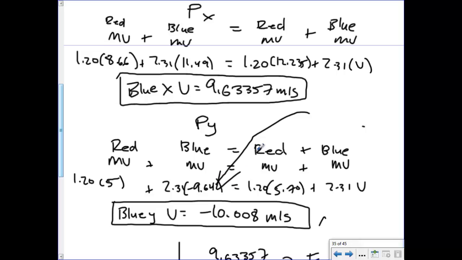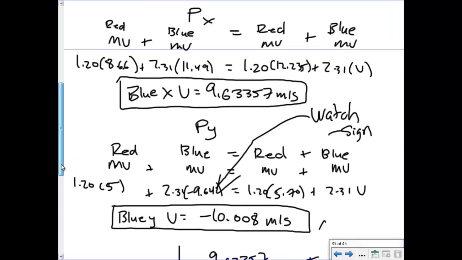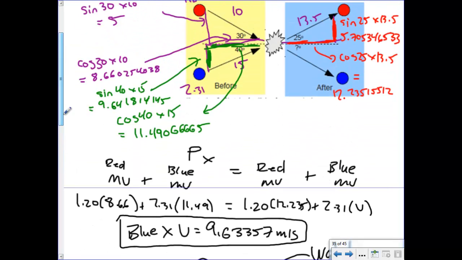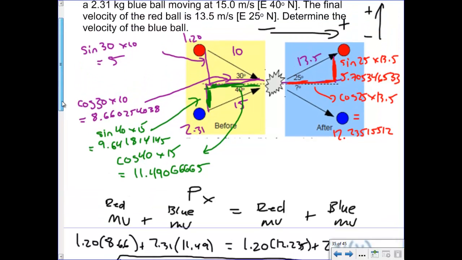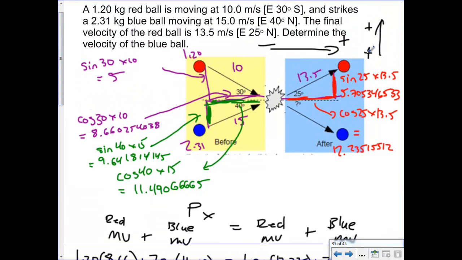One thing that happened on this one here was this negative sign. The reason why it was negative is that the red ball was initially moving in one direction here, whereas it's going the other direction now. Does that make sense? So we have to make sure our directions are proper. I guess technically the way I did this is that this was positive and this was negative.